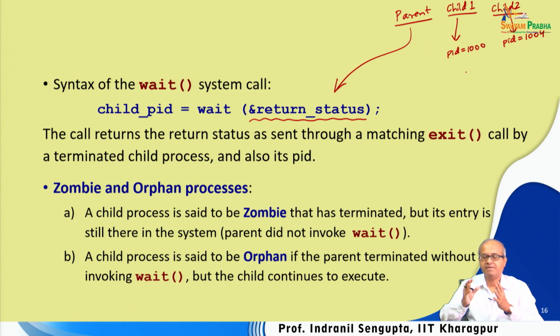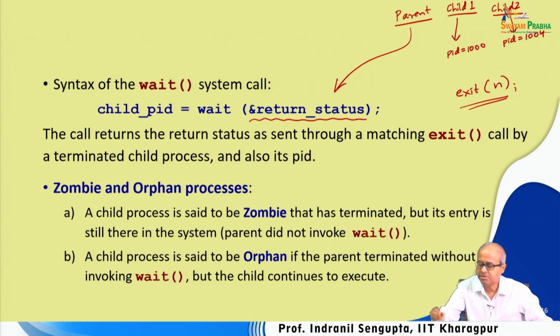So, when it does an exit, let me tell you, in exit there is a parameter, it can give a value number n. So, this number n will be returned to the parent. So, let us say the value of n was 1. So, this 1 will go to this return status, the value of return status will become 1. And which child process terminated?